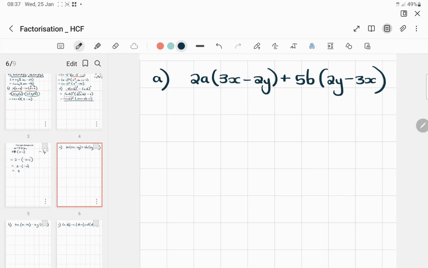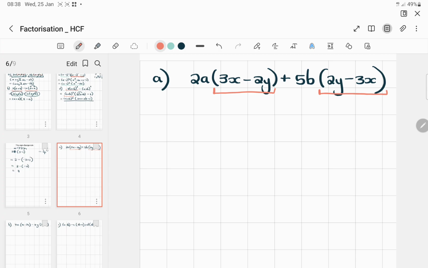So this is what I was explaining. You want to take a highest common bracket. At first glance, it might look like they're the same. But if you look closely, here the 3x is standing first, here the 3x is standing second. Not only that, this 3x is a positive, and this 3x at the back is a negative. This negative 2y is a negative, and this 2y at the back is a positive.